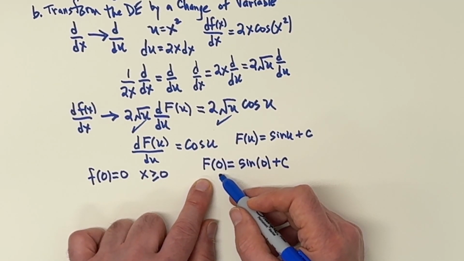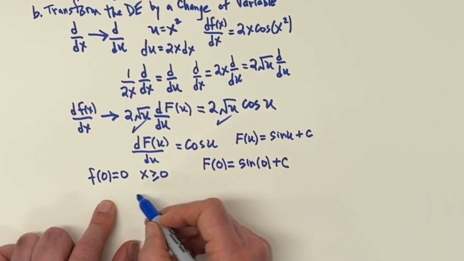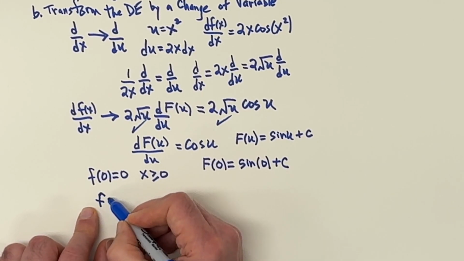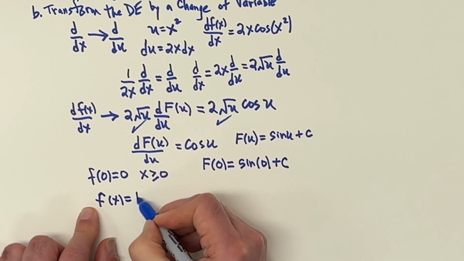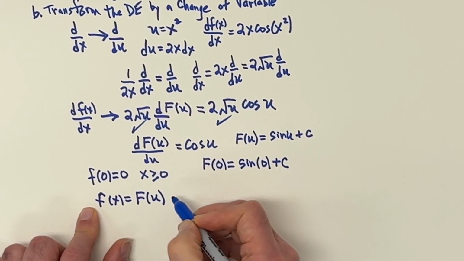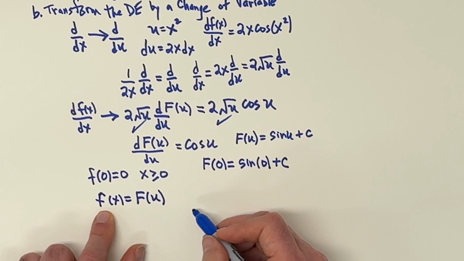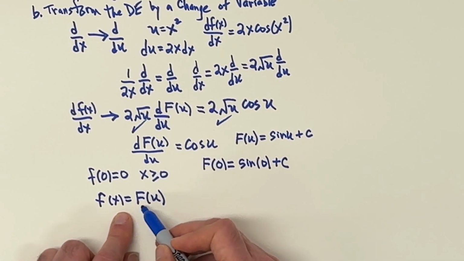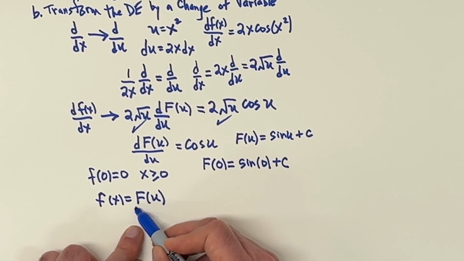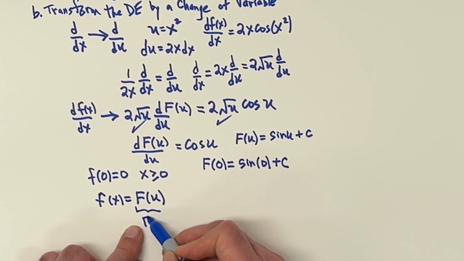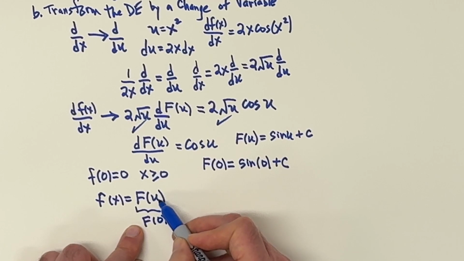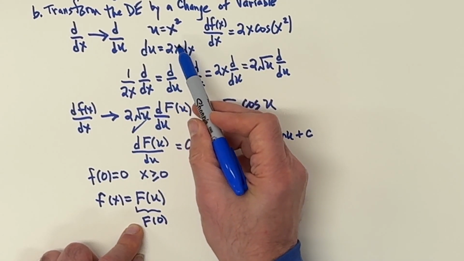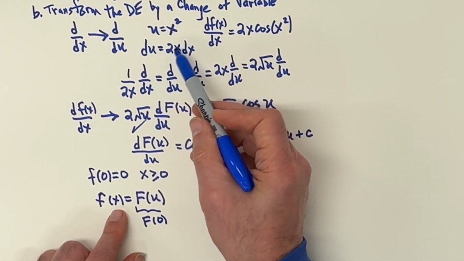Well, remember that we were very careful with our notation, that the little f of x is equal to the capital F of u. I was very, very careful to do that. And see here, if the u is 0, so that we're looking at this as being capital F of 0, since the u is equal to x squared, that means the x has to be 0.